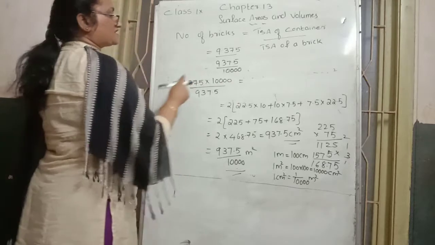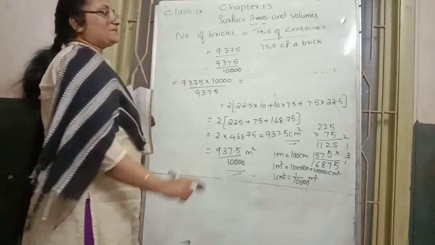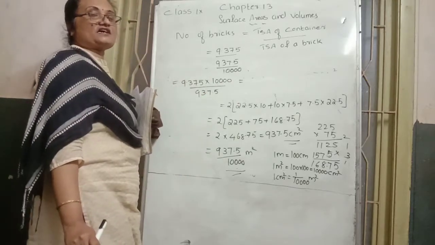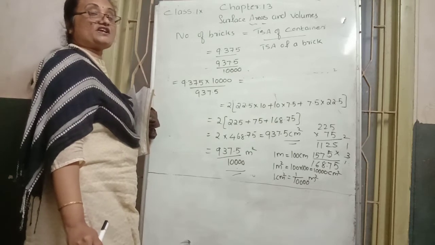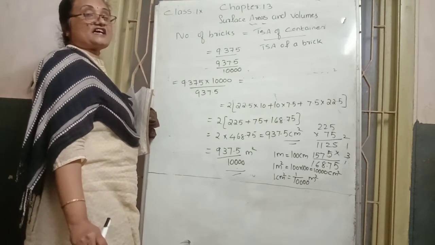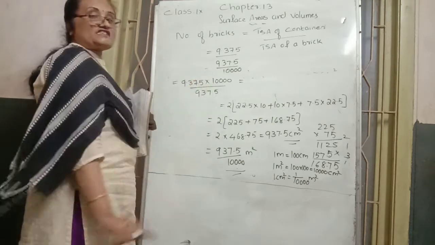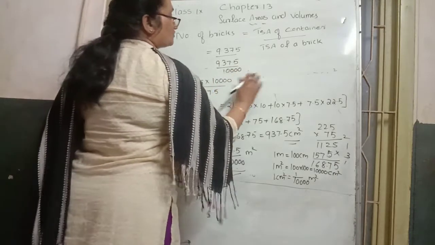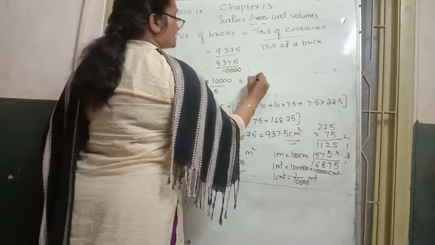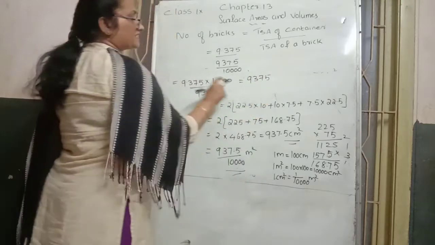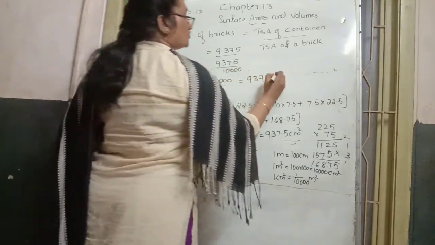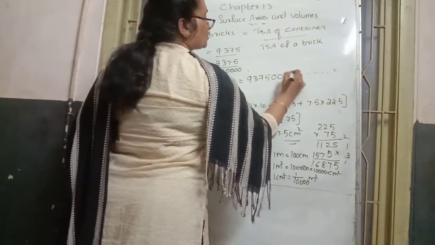For the numerator, when any decimal number is multiplied by 10,000, 100 or 1,000, how do we do it? Write the first number as it is, 9375, and then put as many zeros as 10,000 carries: 4 zeros.